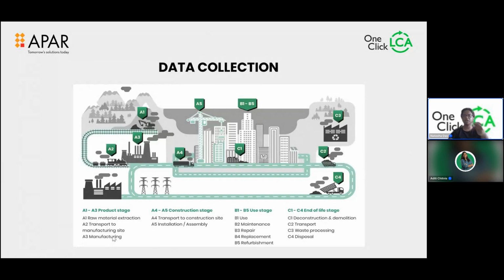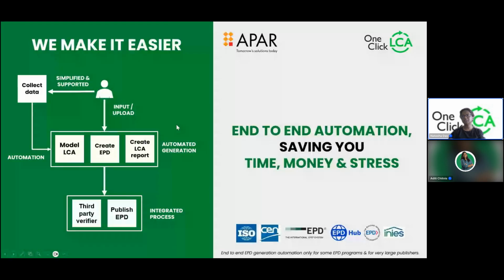So you are trying to say what the environmental impact is as a result of producing this product. Next you have C1 to C4, that is end of life. Of course, if you are selling your product to Norway or something, there is no control. This is scenario-based modeling. That is there. Now, how do we make it easier?